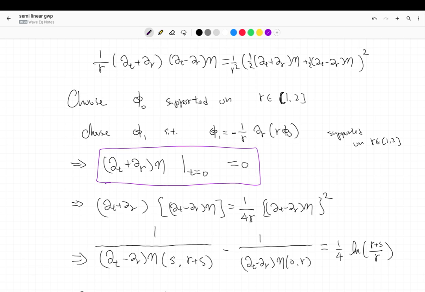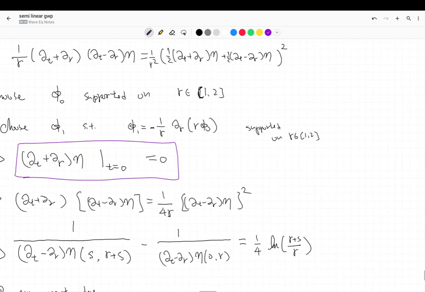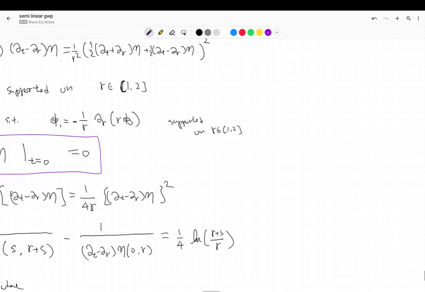One can make some sort of finite speed propagation argument, which I'm not going to make precise here.